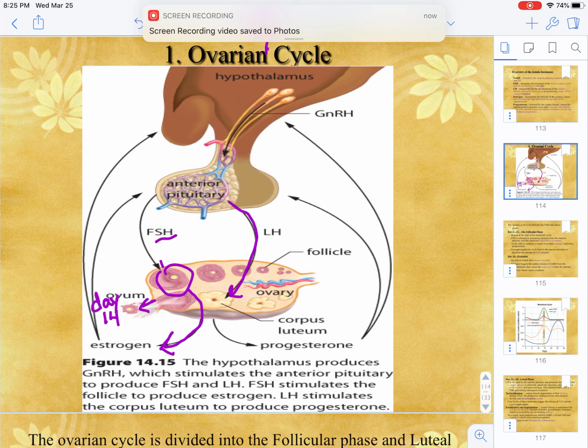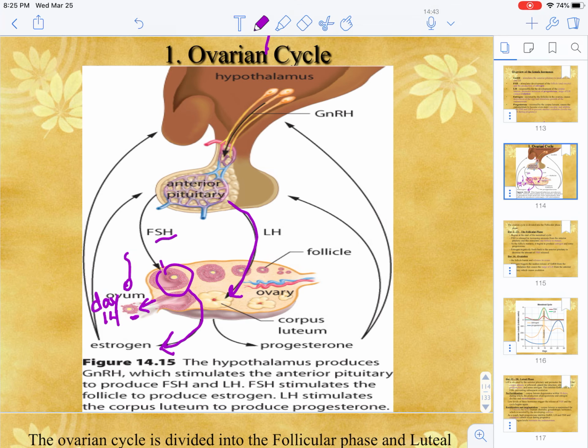And after ovulation, that little egg may get fertilized by a little sperm. So in the second half of the female cycle, LH is making the corpus luteum stay around in order to make progesterone, which maintains the inside of the female uterus.